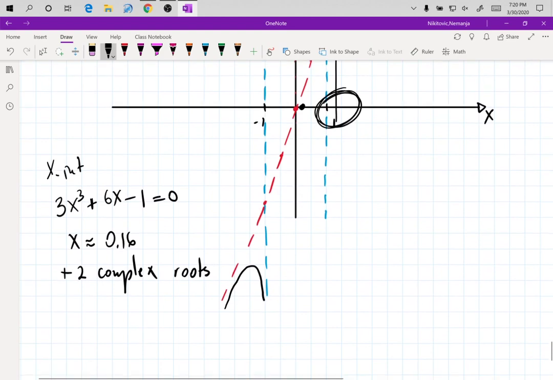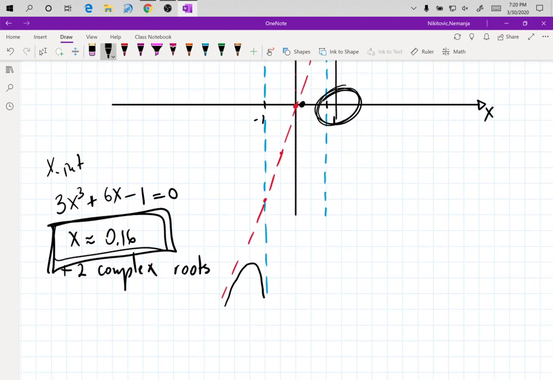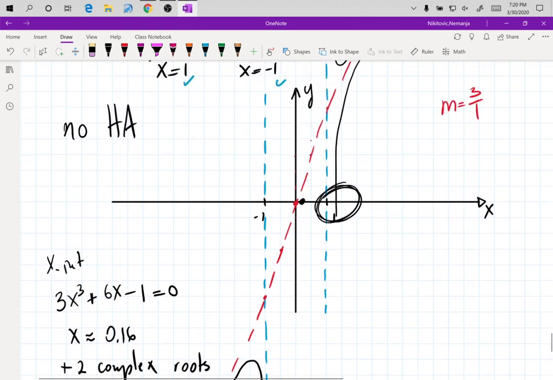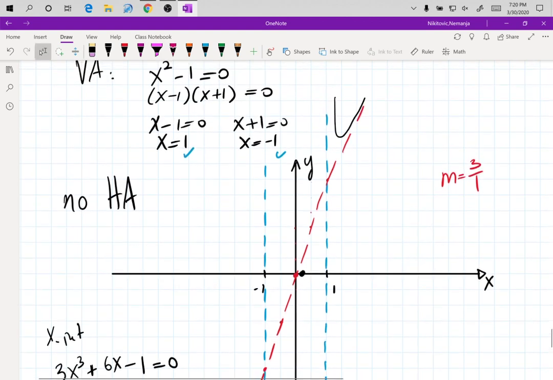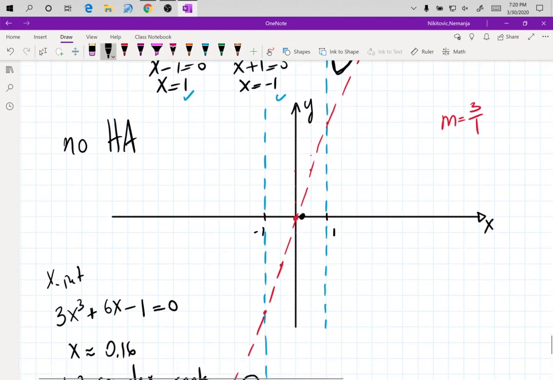We know there's only one x-intercept that we can use. So we know that there is no x-intercept that is 1 point something. So we have to eliminate that line. You cannot have it. And that's why this is the only thing that survives. This shape on top. And now we have to deal with the middle.